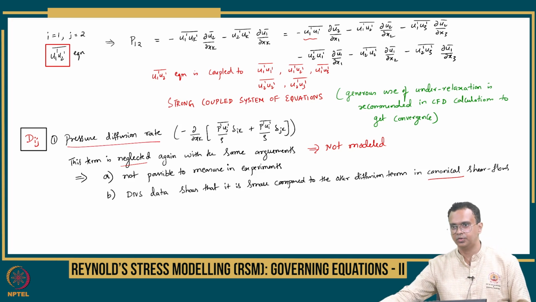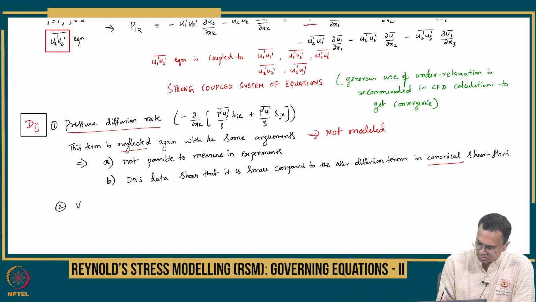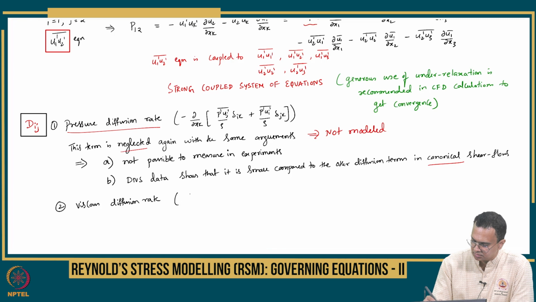So we have the turbulent diffusion rate and the viscous diffusion rate. The second one is the viscous diffusion rate, which is dou by dou xk of nu dou ui prime uj prime average by dou xk.